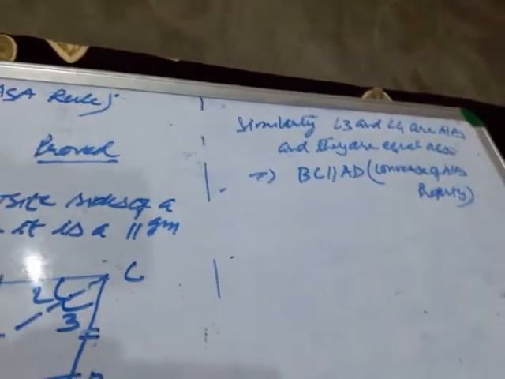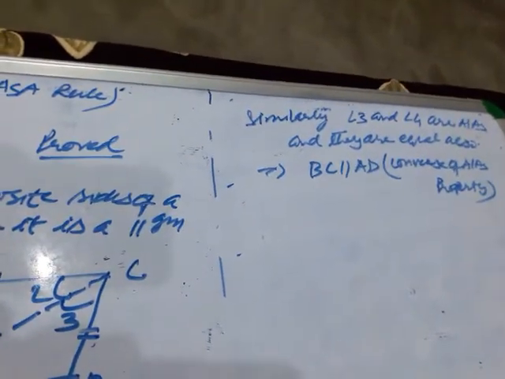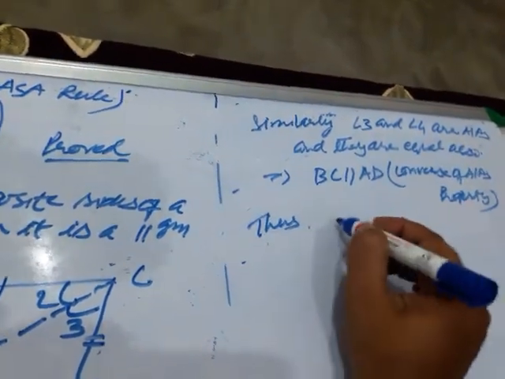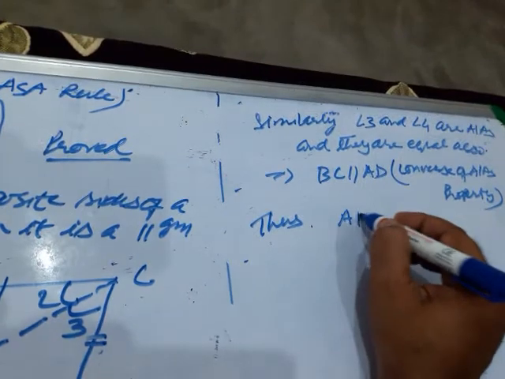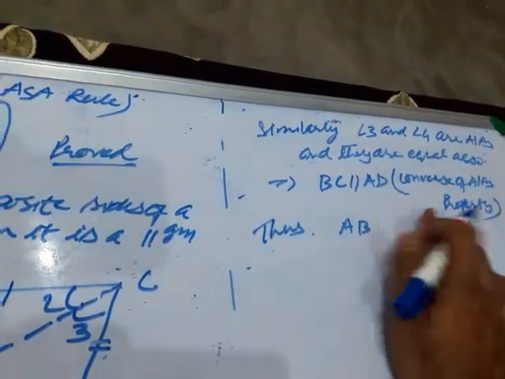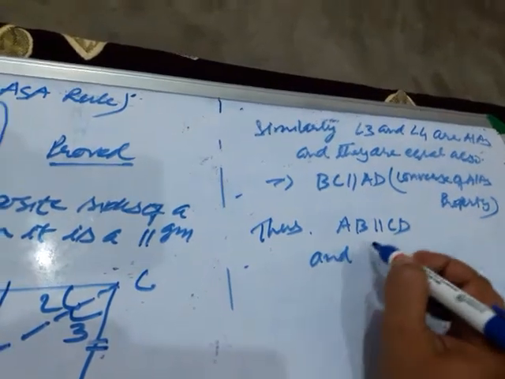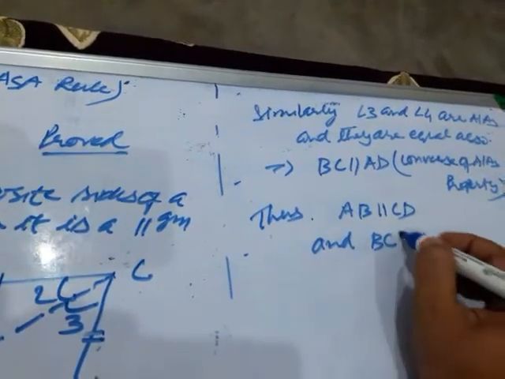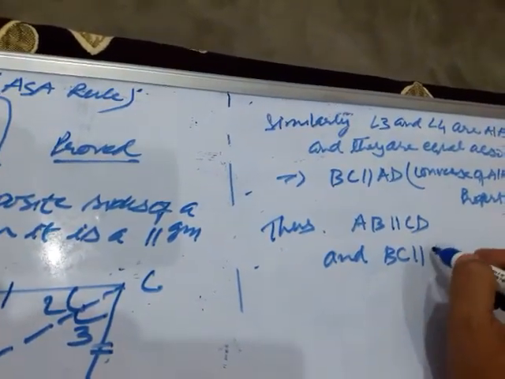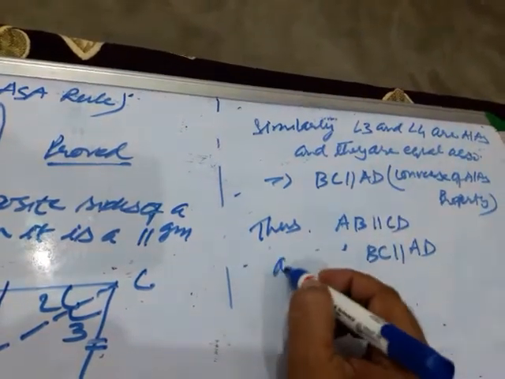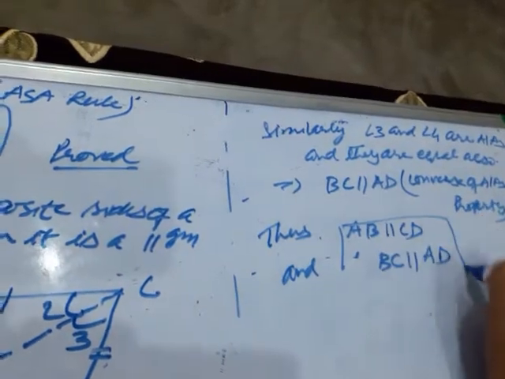So children, we have shown both the things: AB is parallel to CD and BC is parallel to AD. This is what we had to prove.